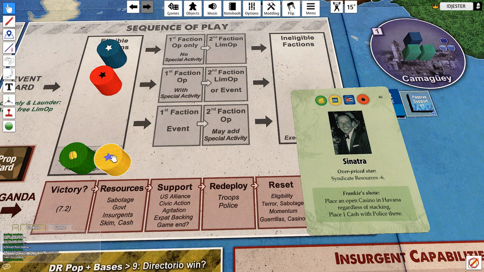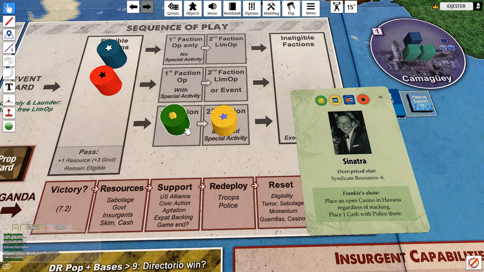So being first is good in the sense that, number one, you get the most options of what you can do. And the second thing is it limits what your opponent can do. So if the green player goes ahead and goes here, the only thing the yellow player can do is either pass or go here. As you can see, there's a little arrow here.